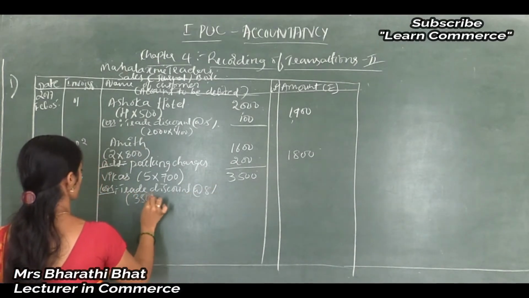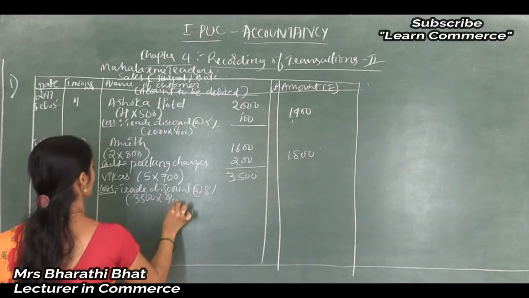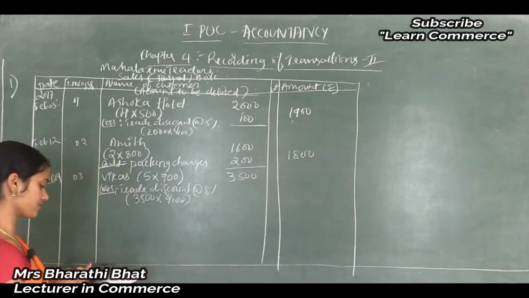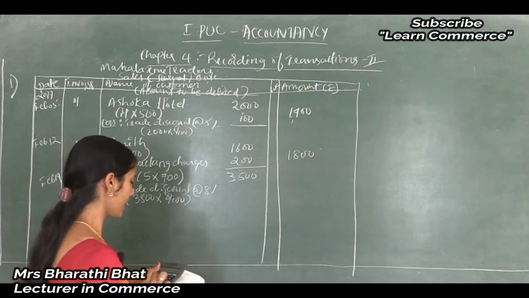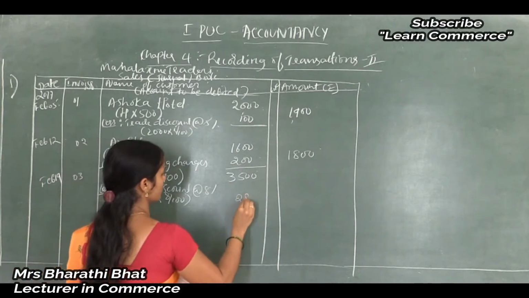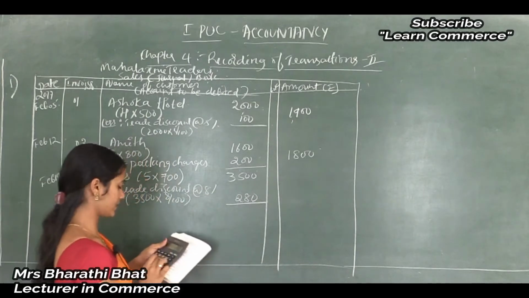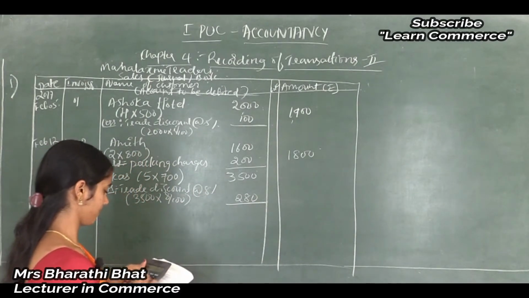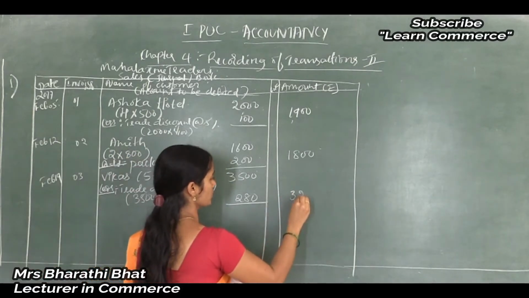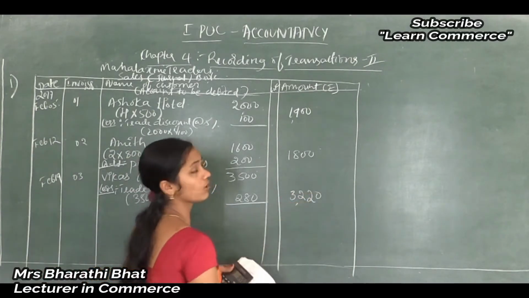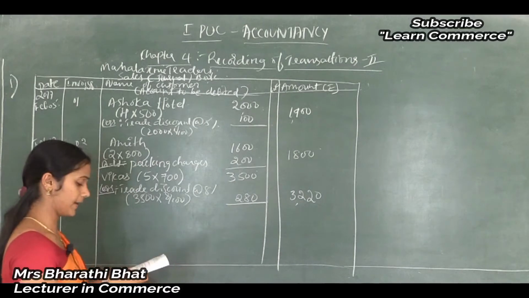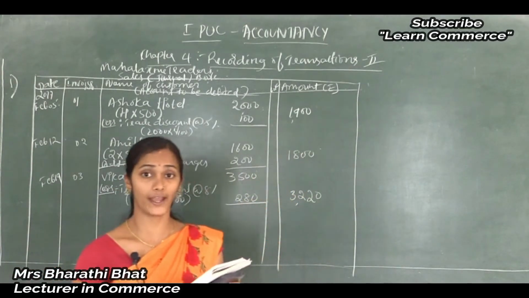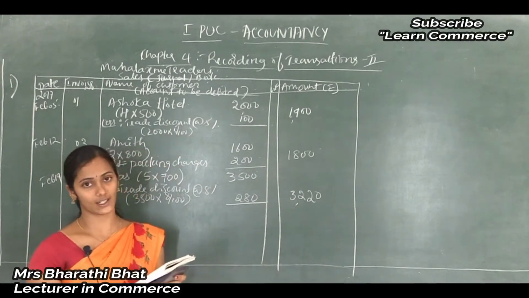So 3,500 into 8 by 100. Now calculate: 3,500 into 8 by 100, 280 rupees. So 3,500 minus 280, 3,220 in the amount column.